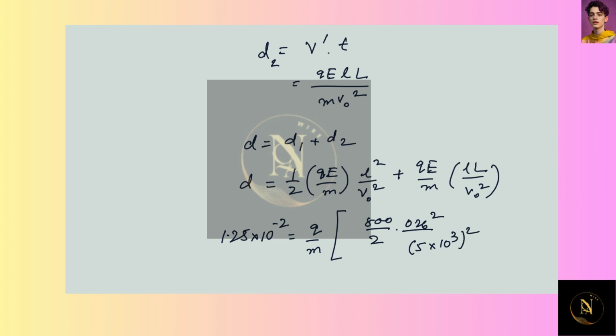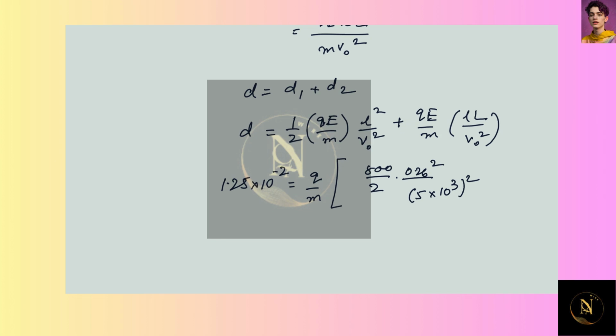Plus, q by m again common, 800 is the electric field times the product of the lengths, 0.26 times 0.56, over 5 times 10 to the power of 3 whole squared.